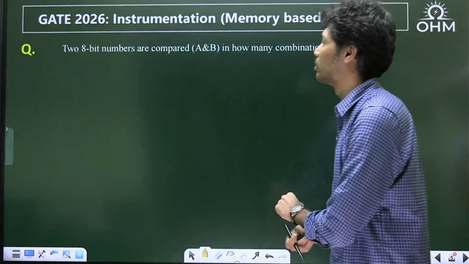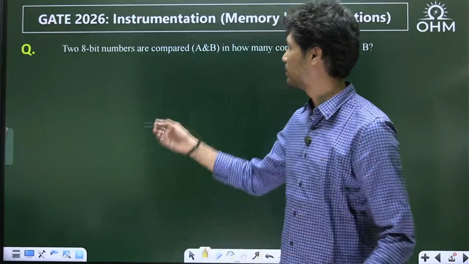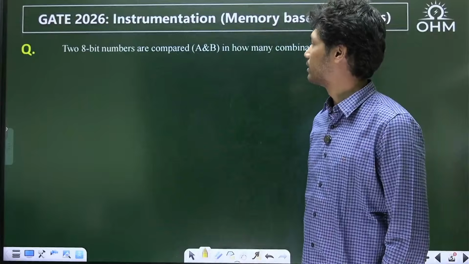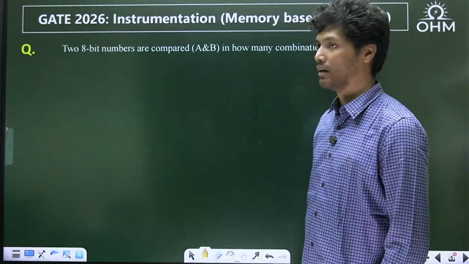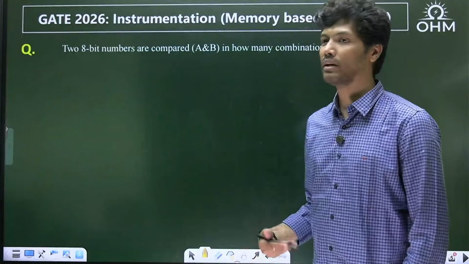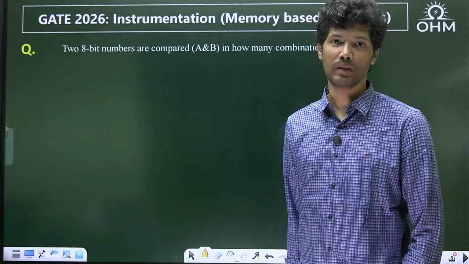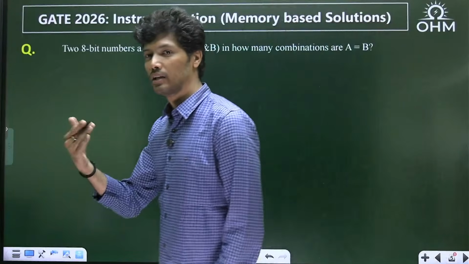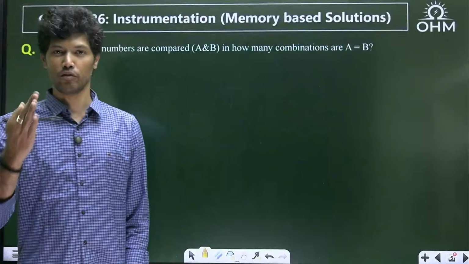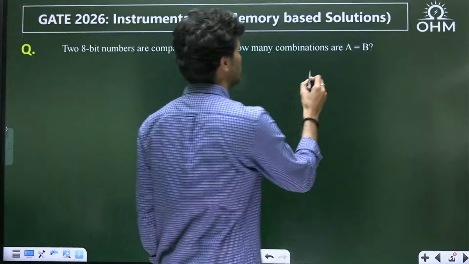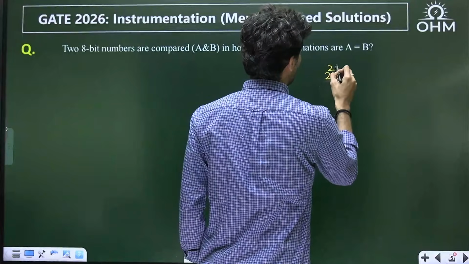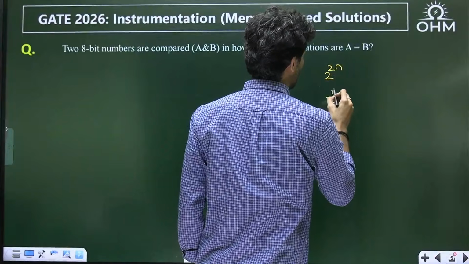There is an 8-bit comparator comparing two 8-bit numbers, A and B, and in how many cases will we have A equal to B? See, in class, I generally give 3 formulae in total. One is 2 power 2n. One is 2 power n.